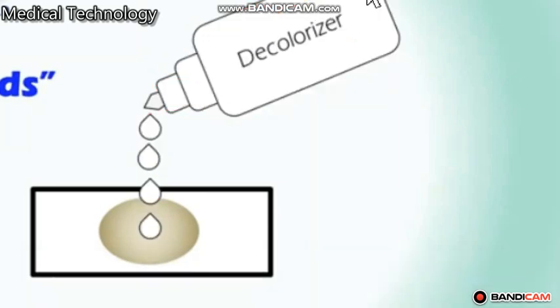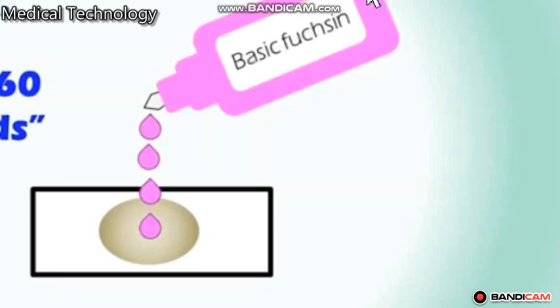Put the decolorizer on the bacterial smear for 20 to 30 seconds and wash the slide quickly.